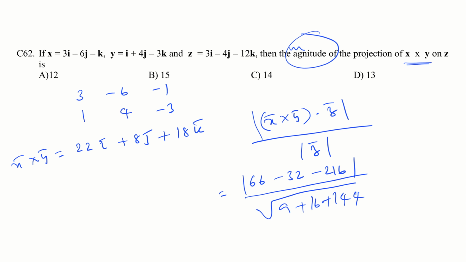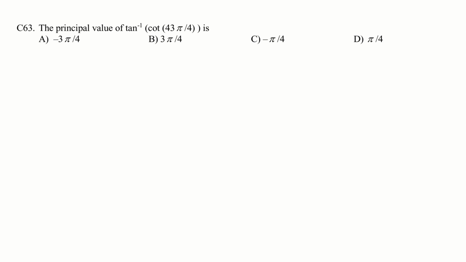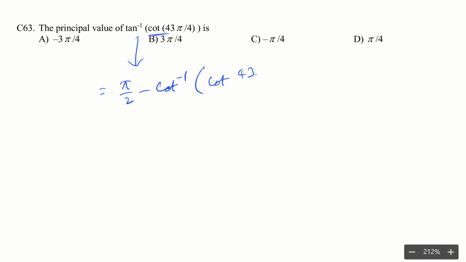Let's go to next problem. In this problem, as the inside quantity is cot, I would like to convert this into cot. We know that tan inverse is nothing but pi by 2 minus cot inverse. So it is cot of 43 pi by 4. Now we know that this is periodic with period pi.